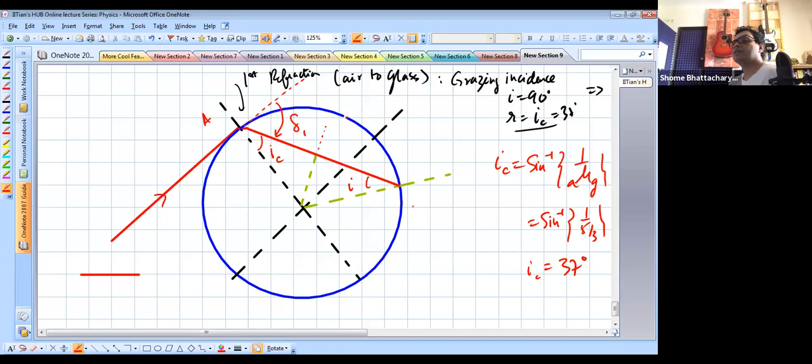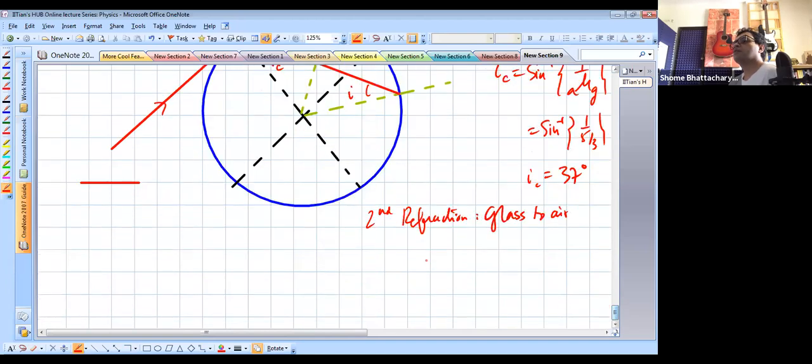So this is again going to be for the second refraction from glass to air. I is equal to 37 degrees, which is equal to the critical angle. So this time R will be 90 degrees, which will mean that there is a grazing emergence.